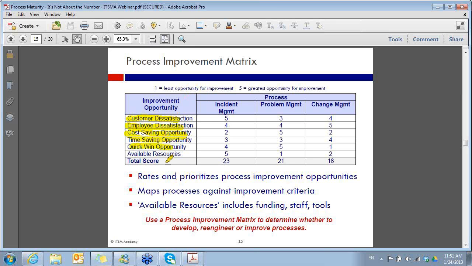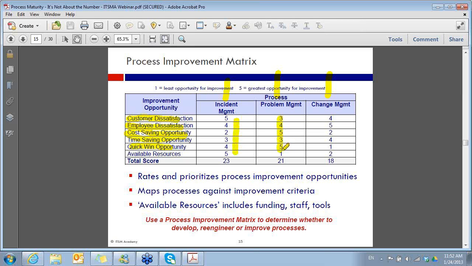And then given those improvement opportunities, let's look at all of our existing processes, or perhaps look at processes we don't have yet in place, but we know that those processes will help us in those areas, and then score them out, right?